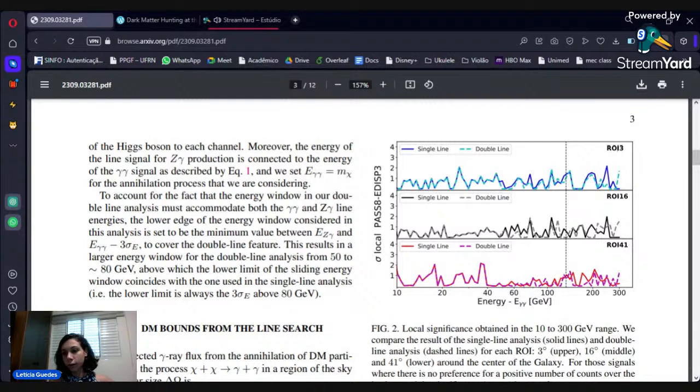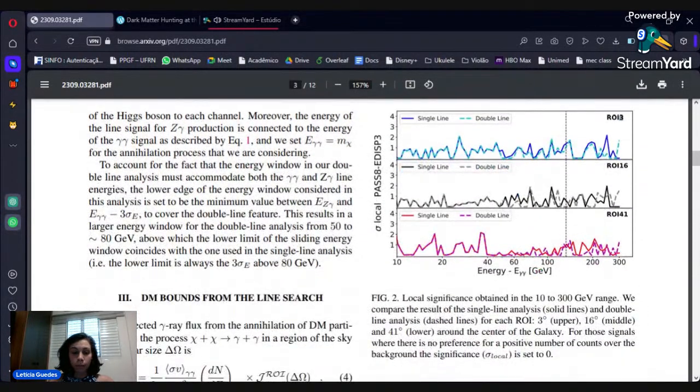These numbers are the angle in relation to the galactic center, because that's what the formula is observing. That's the data that they're getting. So this is 3 degrees, 16, and 41.